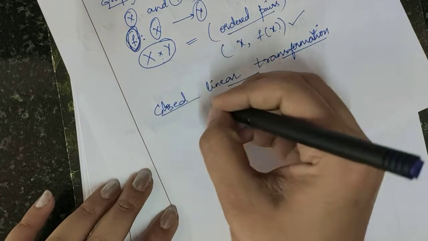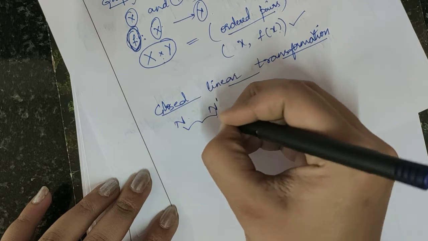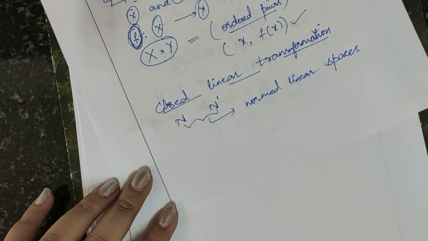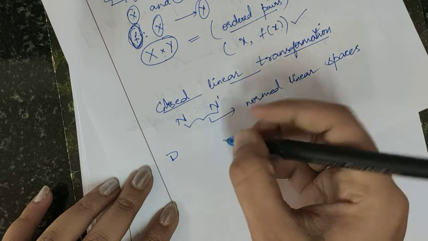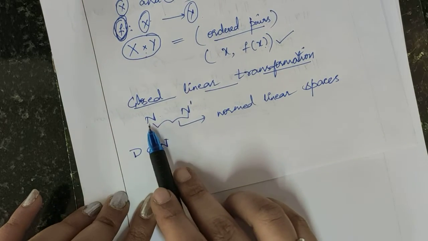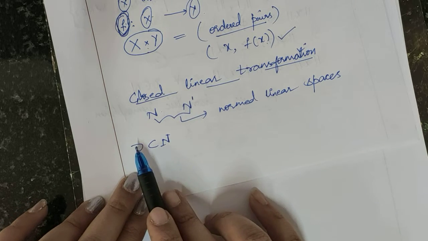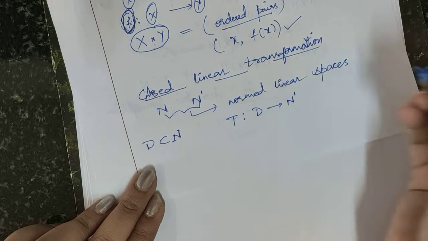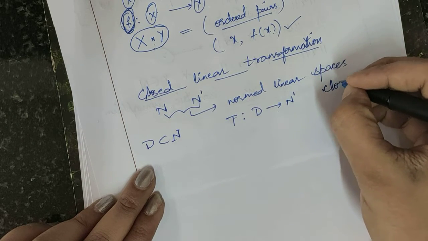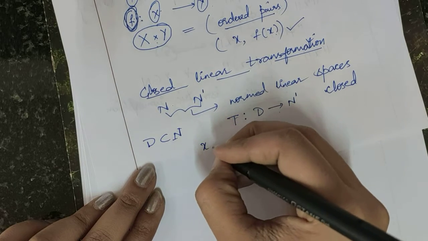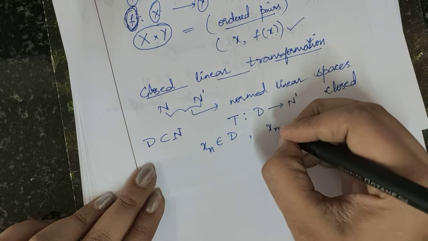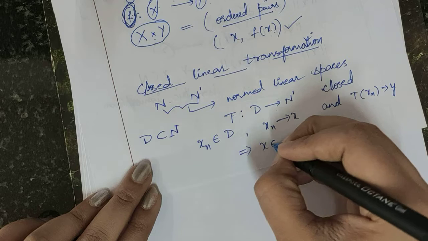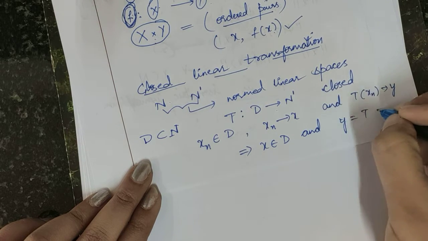First I will consider N and N prime, which are normed linear spaces, and let us consider a subspace D of N. Then a linear transformation T from D to N prime is said to be closed if and only if, whenever I choose x_n belongs to D such that x_n converges to x and T of x_n converges to y, it implies x belongs to D and y is equal to T of x.